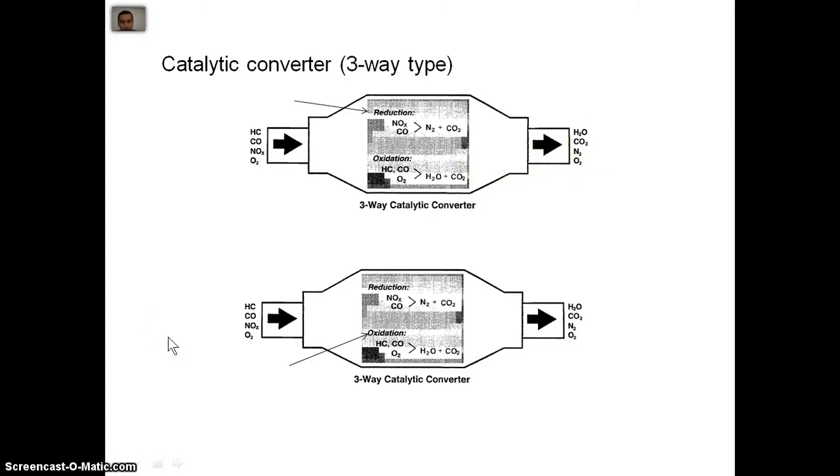For the oxidation process, the hydrocarbon, carbon monoxide, nitrogen oxide and oxygen go through a chemical process and become the not harmful gases: carbon dioxide, water, nitrogen and oxygen.